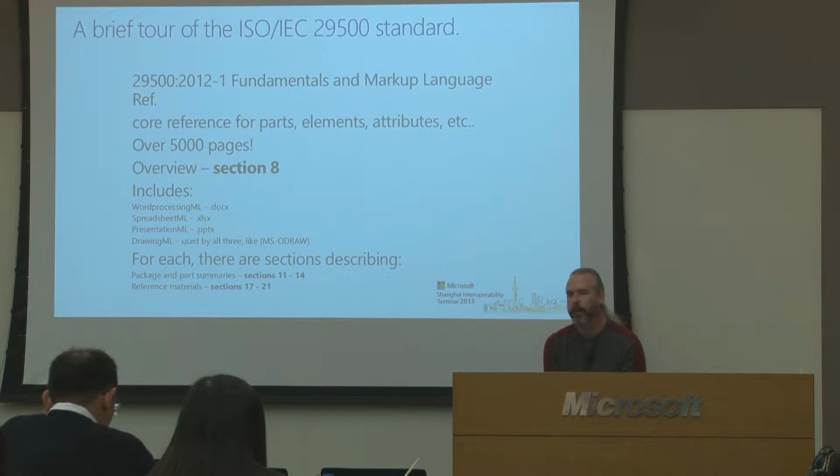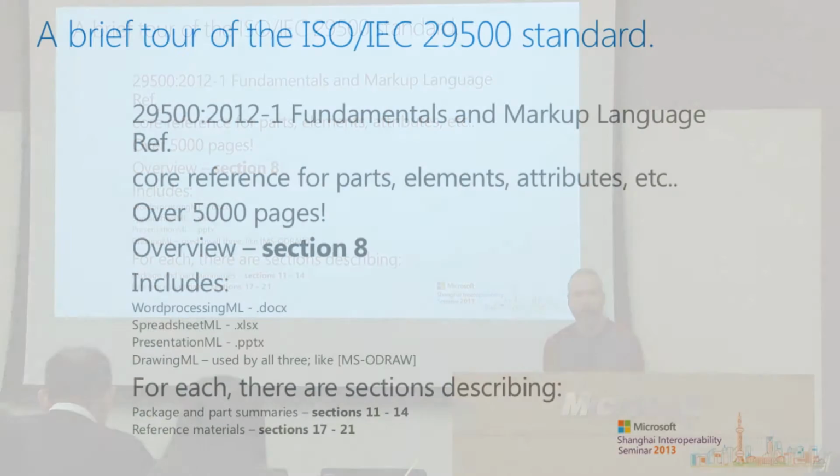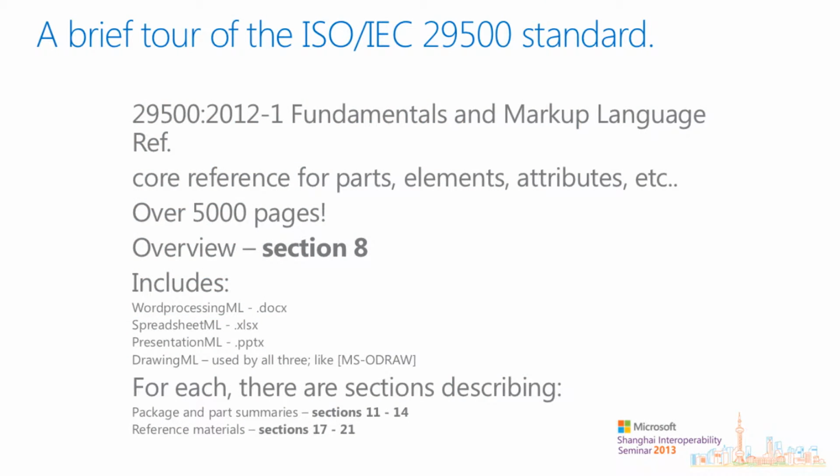So when you download the 29500 standard, you'll see that there are 4 parts. And we're going to take a look at each of those parts and what they are.